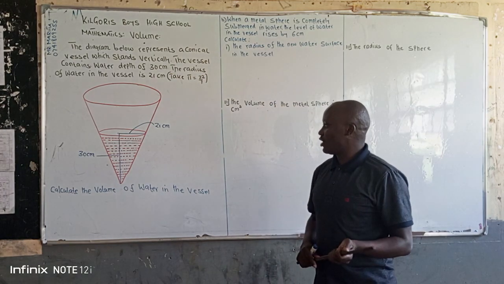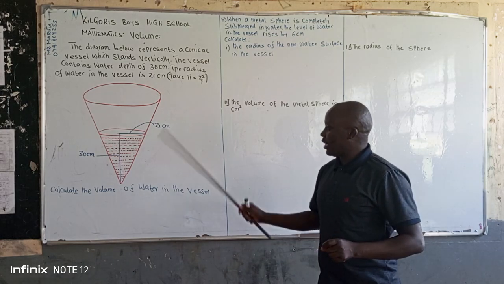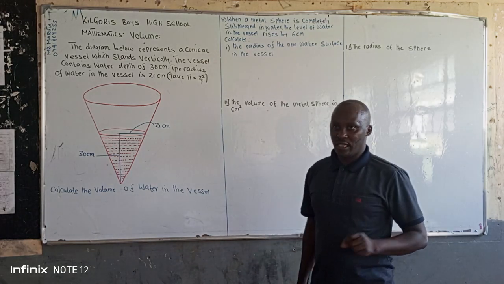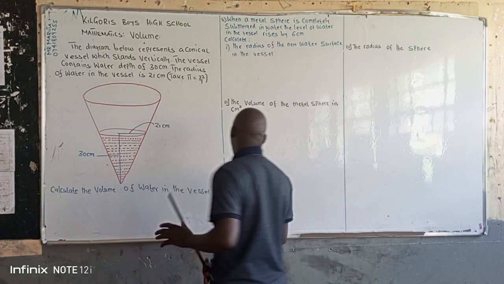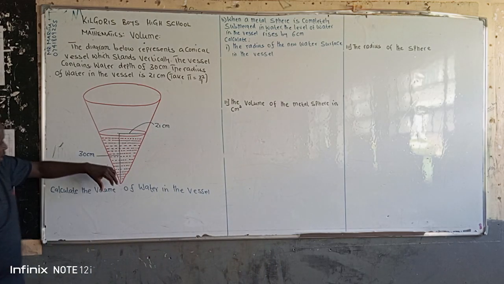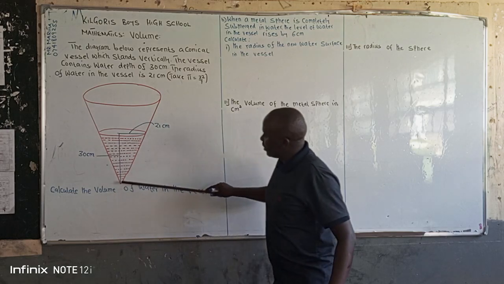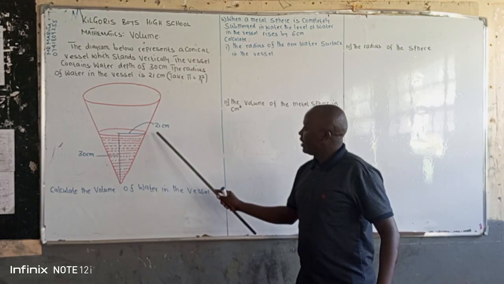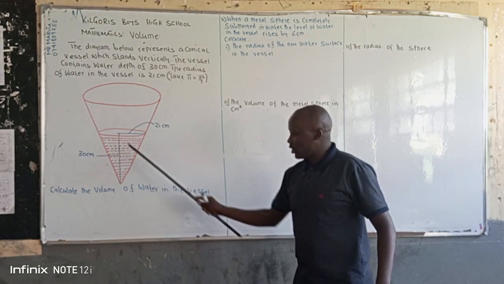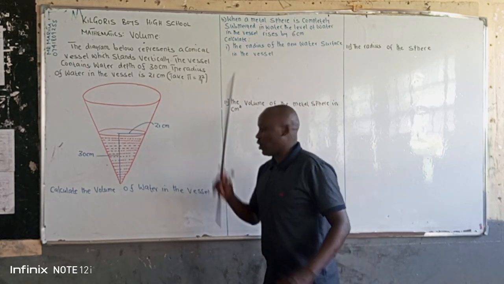To start with the first one, we are supposed to calculate the volume of water in the facet. This one is very easy because we have the height of water here as 30 centimeters, and the radius of the water surface is 21 centimeters.